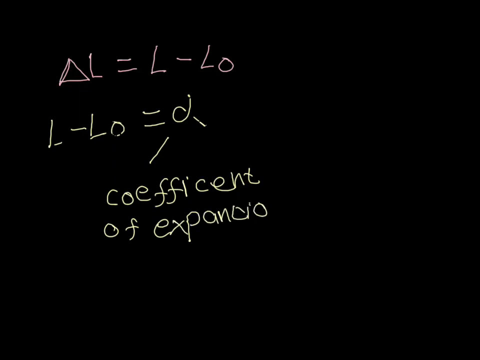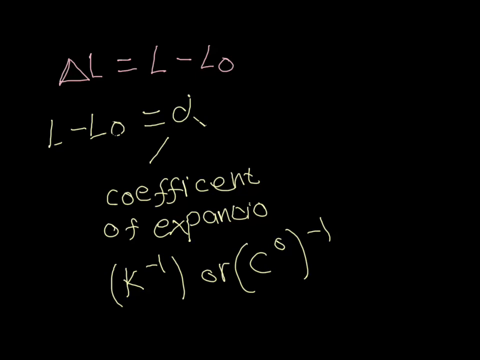This is the number that would be given in the exam or test. Different materials have different constants. The units for that are Kelvin to the -1, or Celsius degrees to the -1, because they're both equivalent. We covered that in an earlier video.